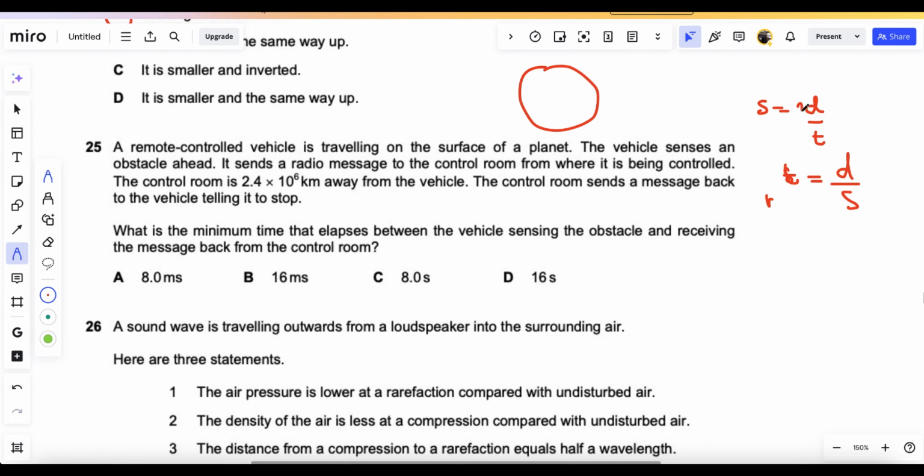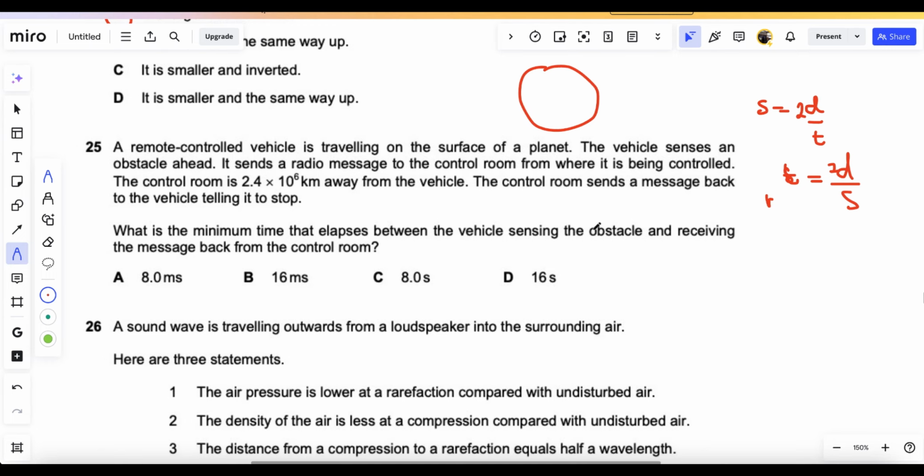The distance is two-way, so here will be 2D. Now what's the minimum time that elapses between the vehicle sensing the object and receiving the message back from the control room? So we have our distance.